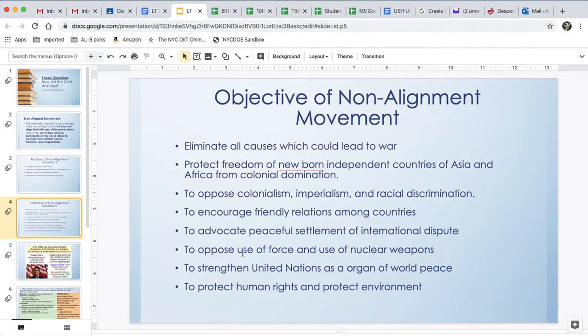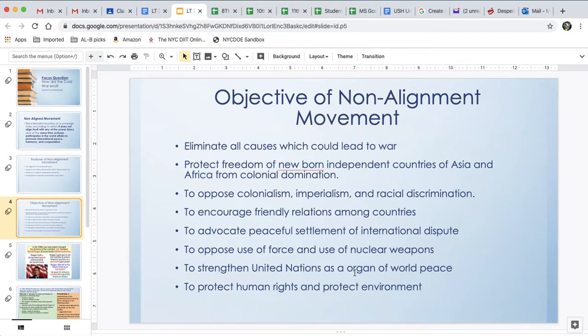All right. They also oppose the use of force and the use of nuclear weapons. This is a lesson learned, especially between the Soviet Union and the United States with the Cuban Missile Crisis, coming to the brink of destruction and then walking away. They know that using force and nuclear weapons is not the way to go, and these types of countries don't adopt nuclear weapons.